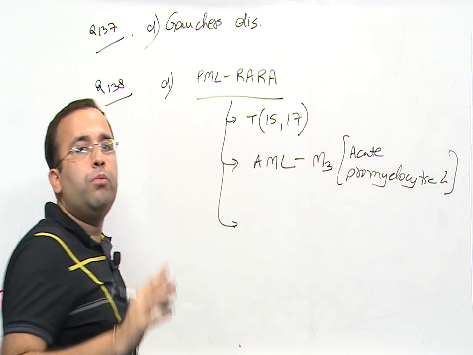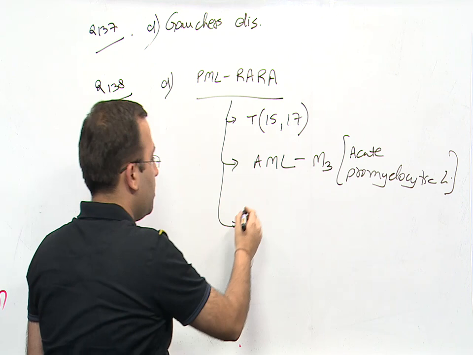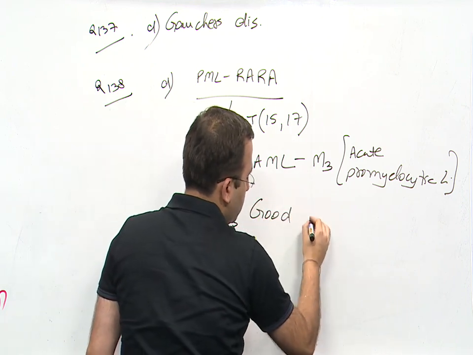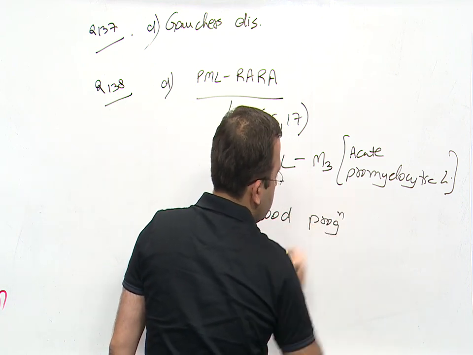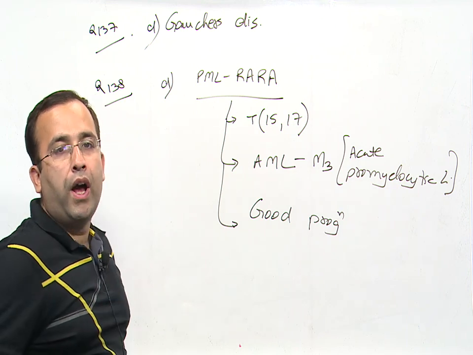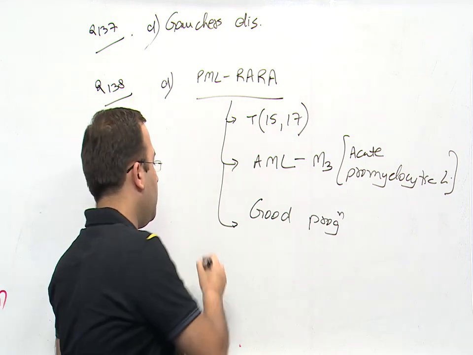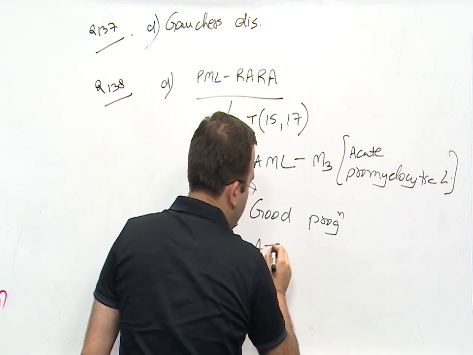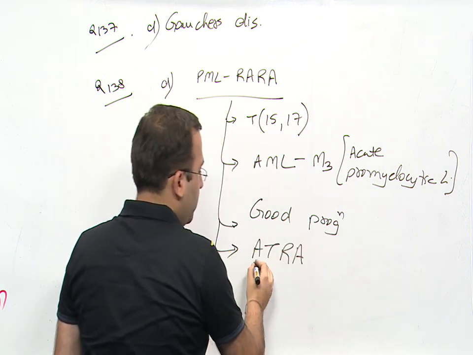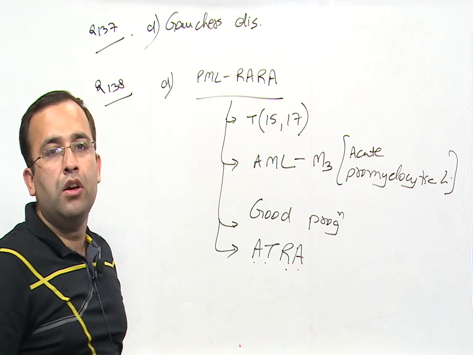M3, good prognosis or poor prognosis? Good prognosis, because we have therapy against this. And what is the therapy against M3? ATRA, all trans retinoic acid.